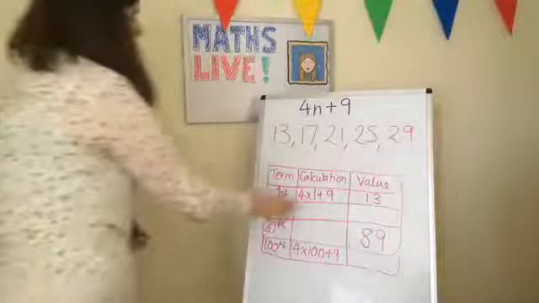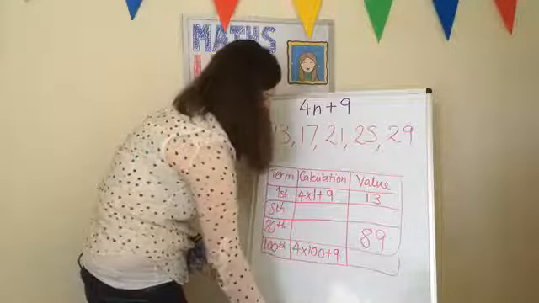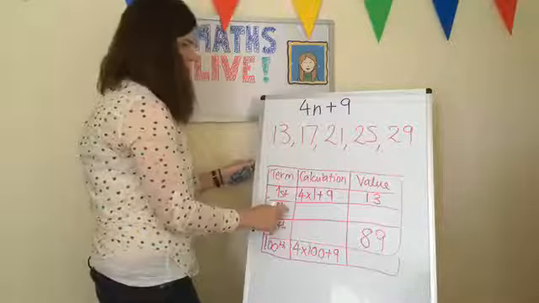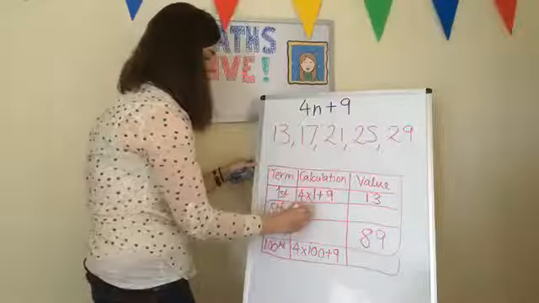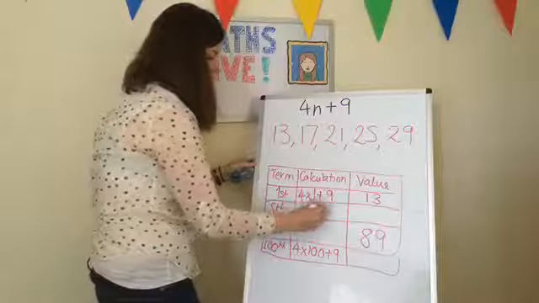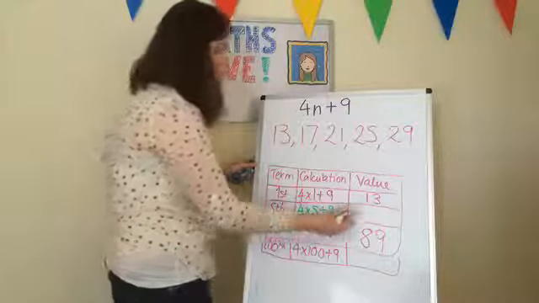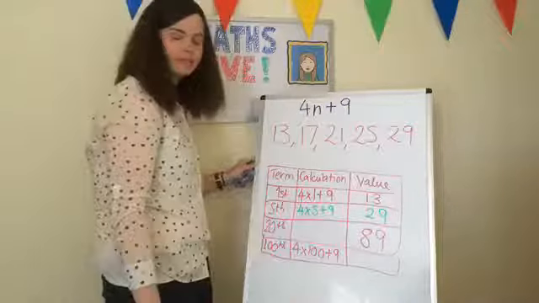Yeah, so in this part, you only have to write the calculation. In this part, you need to calculate the answer. So if we're looking for the fifth term, we're replacing n with 5. So we're doing 4 times 5 plus 9. So 4 5s are 20 plus 9 is 29.